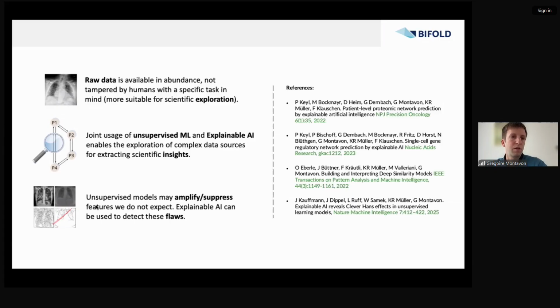They might be solved, but if the model is right for the wrong reasons, then it's not a priori clear why we should worry about that. But if we use explainable AI, you can detect these flaws, which might not affect the current prediction, but which might affect the way the model generalizes to new data.